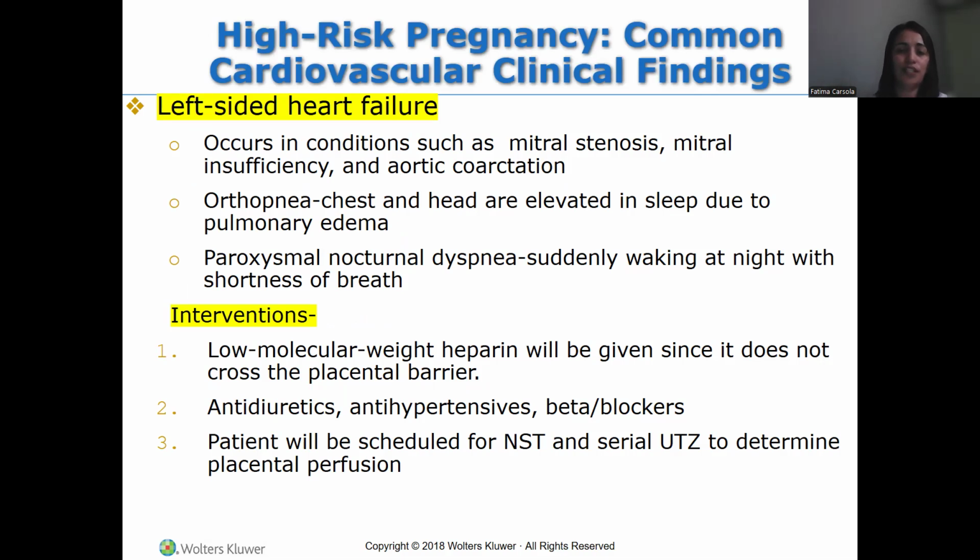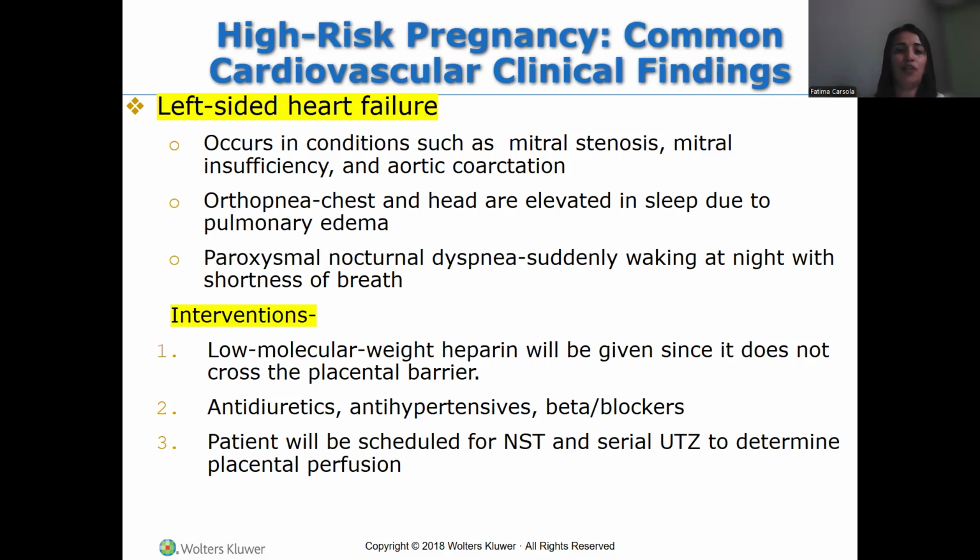So it occurs in conditions such as mitral stenosis, mitral insufficiency, and aortic coarctation, meaning this could be present before the patient became pregnant. So the patient might suffer from orthopnea and paroxysmal nocturnal dyspnea, or shortness of breath, or suddenly waking at night, like she felt she's drowning.